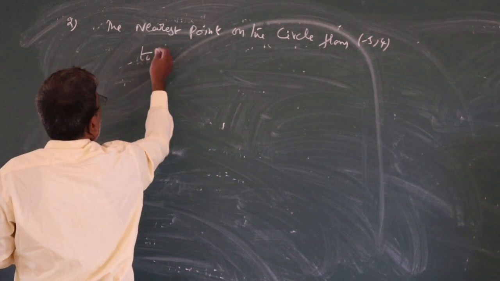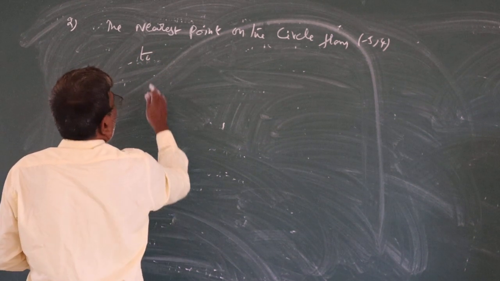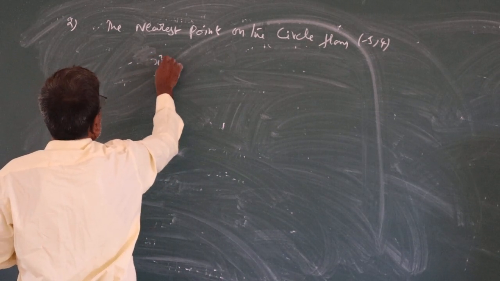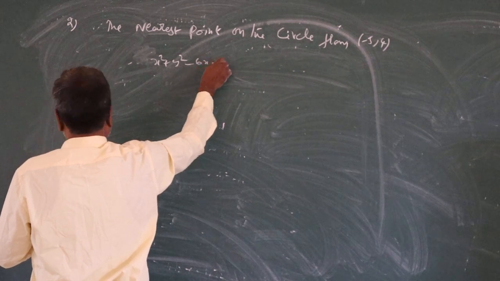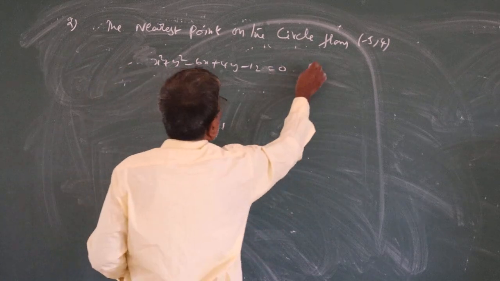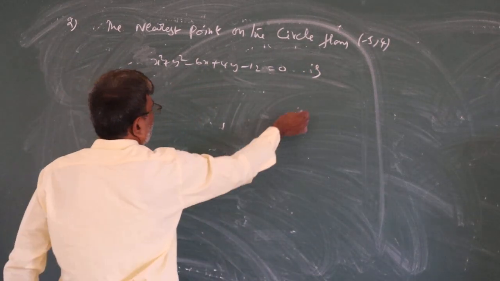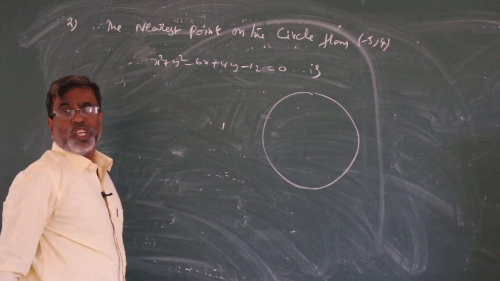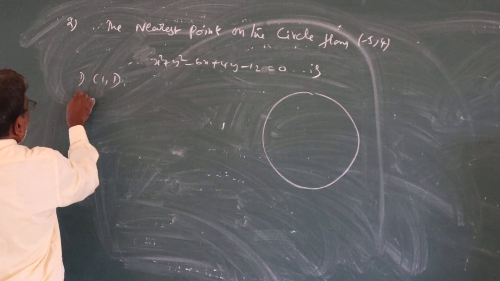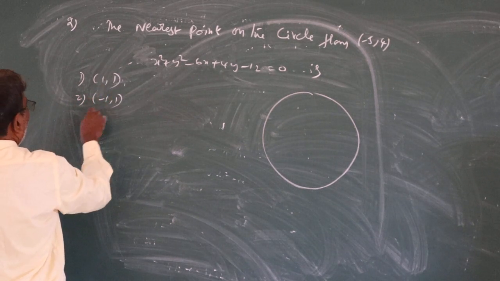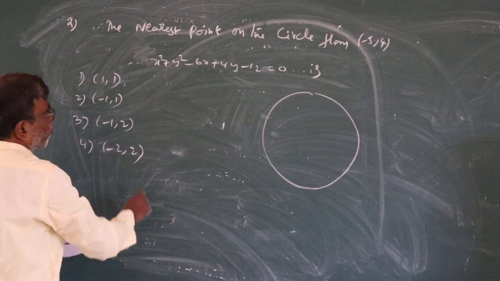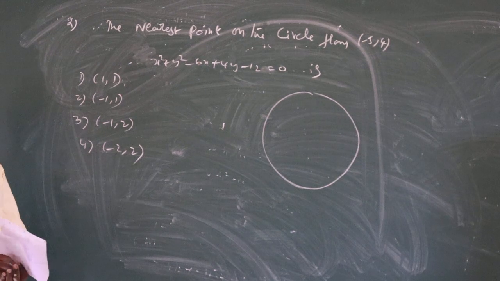The circle is given as x square plus y square minus 6x plus 4y minus 12 equals 0. This is the given question. Options are given like this: first (1, 1), second (minus 1, 1), third (minus 1, 2), fourth (minus 2, 2). So this is the question given.